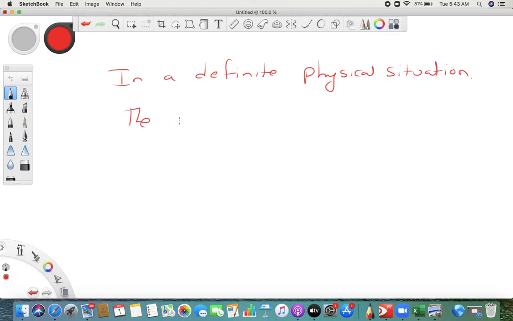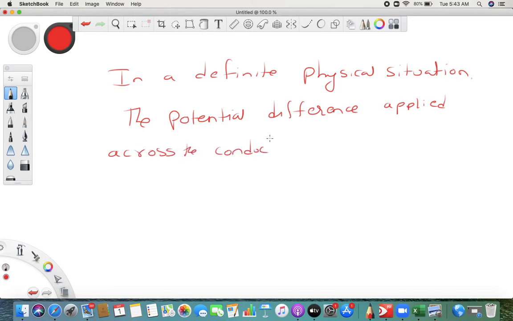The potential difference applied across the conductor is directly proportional to the current flowing through it. Or we can say, in a definite physical situation, the current flowing through a conductor.